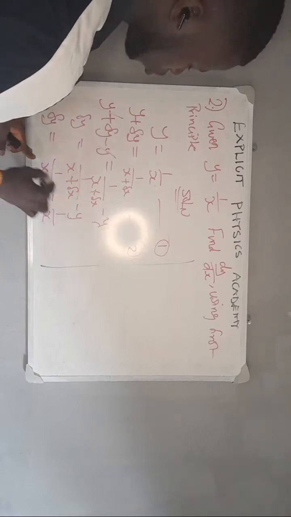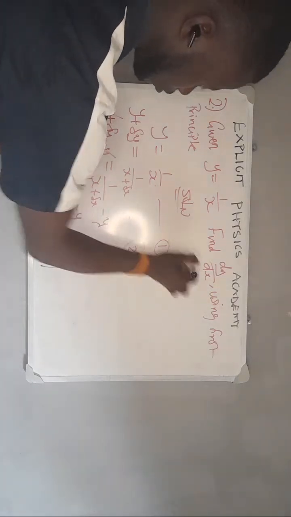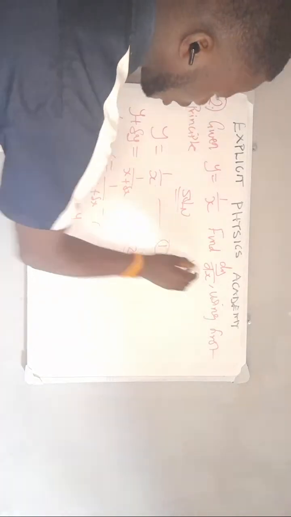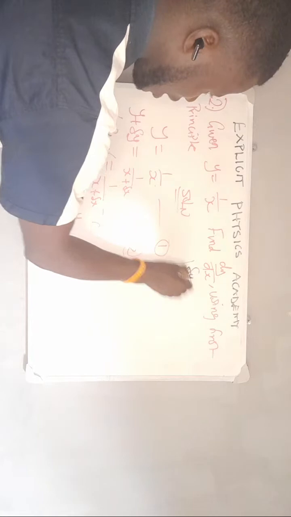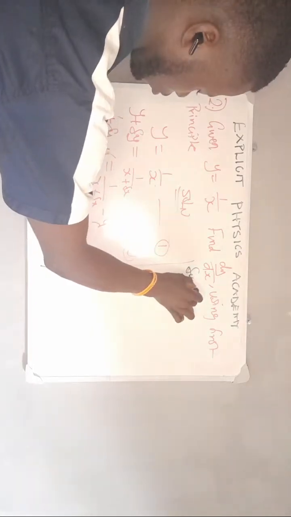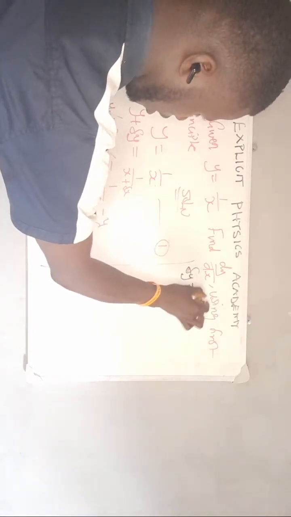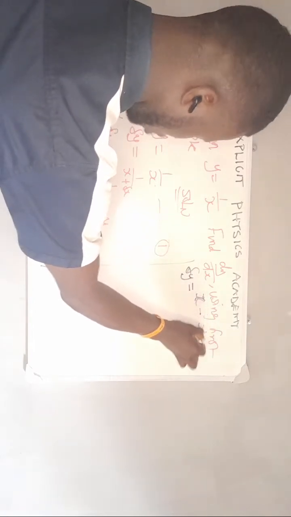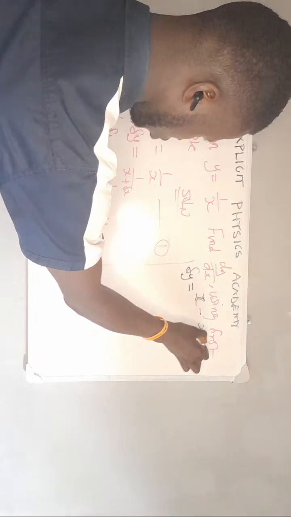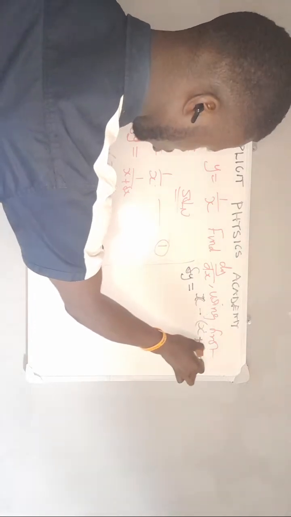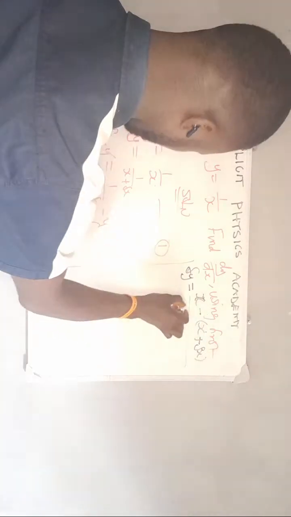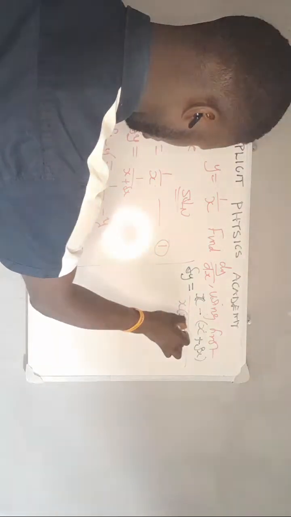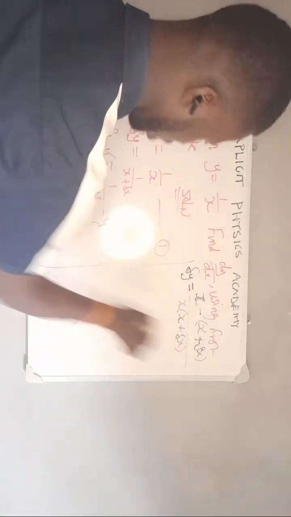So we are going to have del y as being equal to x minus x plus dx all over x plus dx.